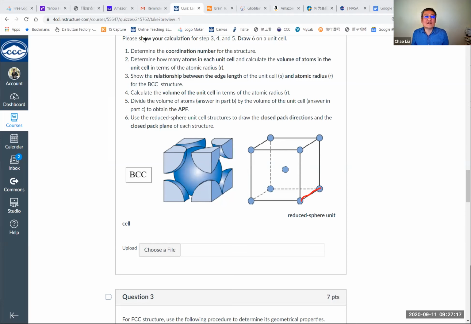The possibility for the most dense direction might be this direction, or this direction, or this direction. They all represent different directions. So you need to point out which direction will give you the most dense direction.